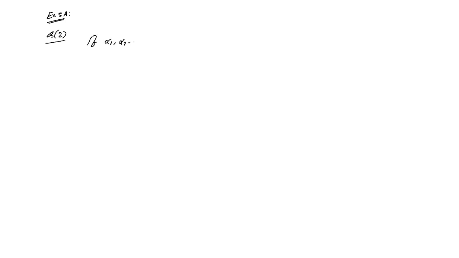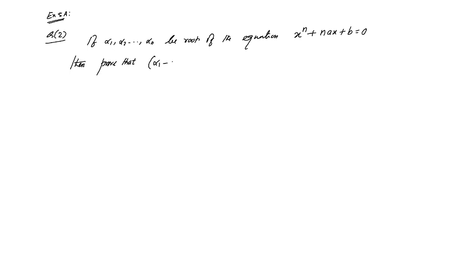If alpha 1, alpha 2, ..., alpha n are the n roots of the equation x to the power n plus nax plus b equals 0, then prove that (alpha 1 minus alpha 2)(alpha 1 minus alpha 3)...(alpha 1 minus alpha n) equals n alpha 1 to the power n minus 1 plus a.